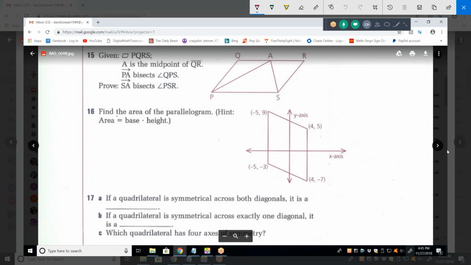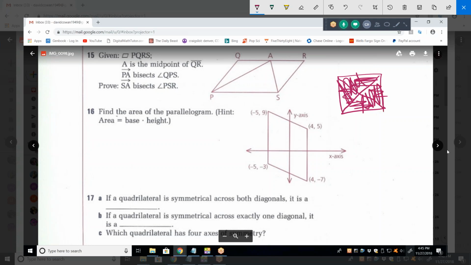Is symmetrical across both diagonals. And that'd be a rhombus, right? I'm not quite sure what they mean. What do they mean symmetrical across? Oh, they mean this side is symmetrical with that side, and this side is symmetrical with that side.